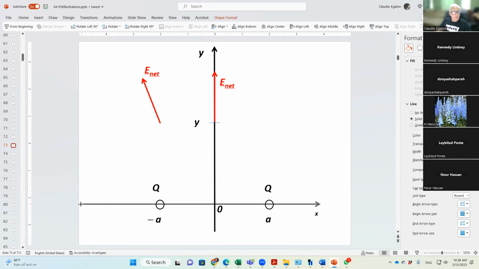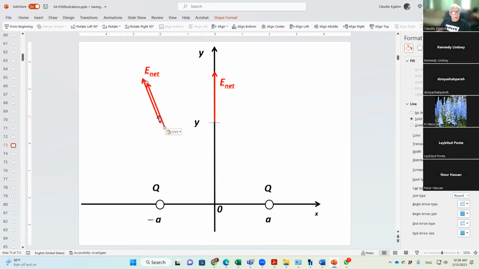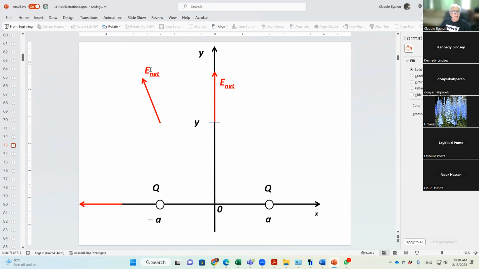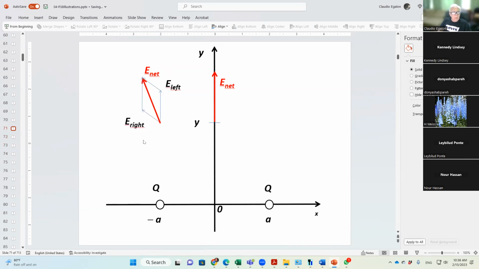What's going to be the electric field at this spot? Can you picture that yourself? Okay, so I'm going to have an electric field contribution of the left charge. I'm running out of space here. It's going to be something like that. Okay, so let's see, I'm going to do this one here instead.